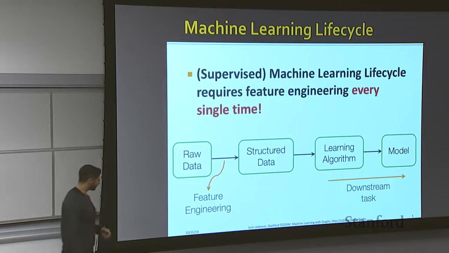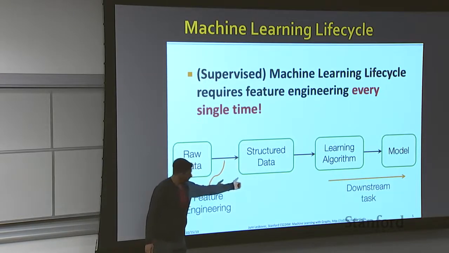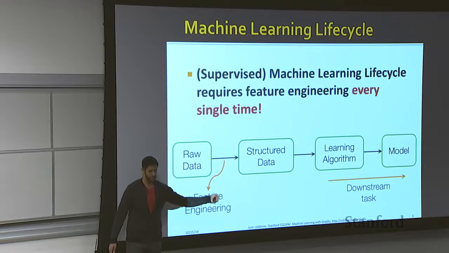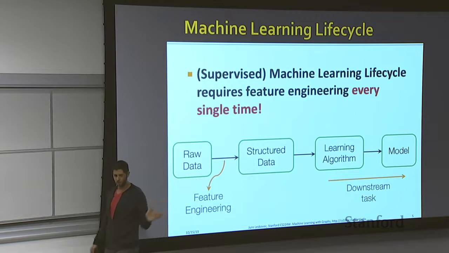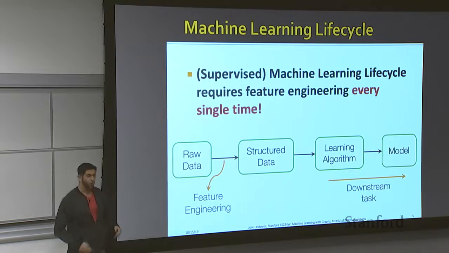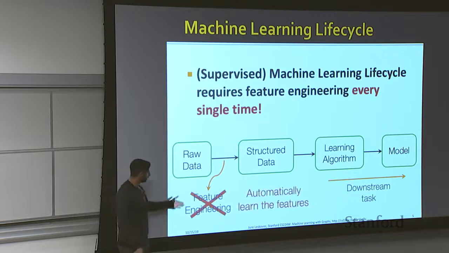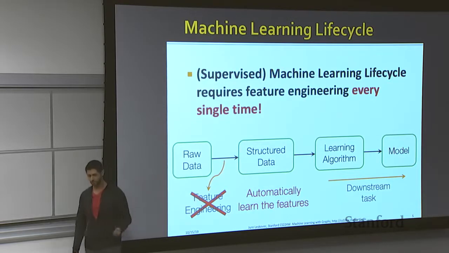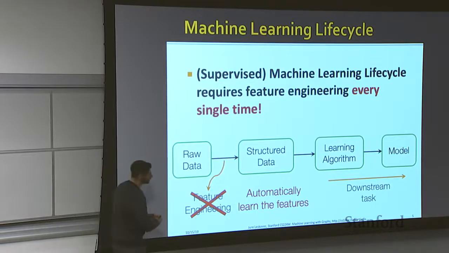Once we're able to do all of this, we're going to be able to work on our downstream task. So once we obtain our structured data, we can think about different predictive tasks. Now, what will make our life much easier is to get rid of the feature engineering. So we want basically to automatically learn the features. And this is possibly one of the two main promises coming from deep learning.